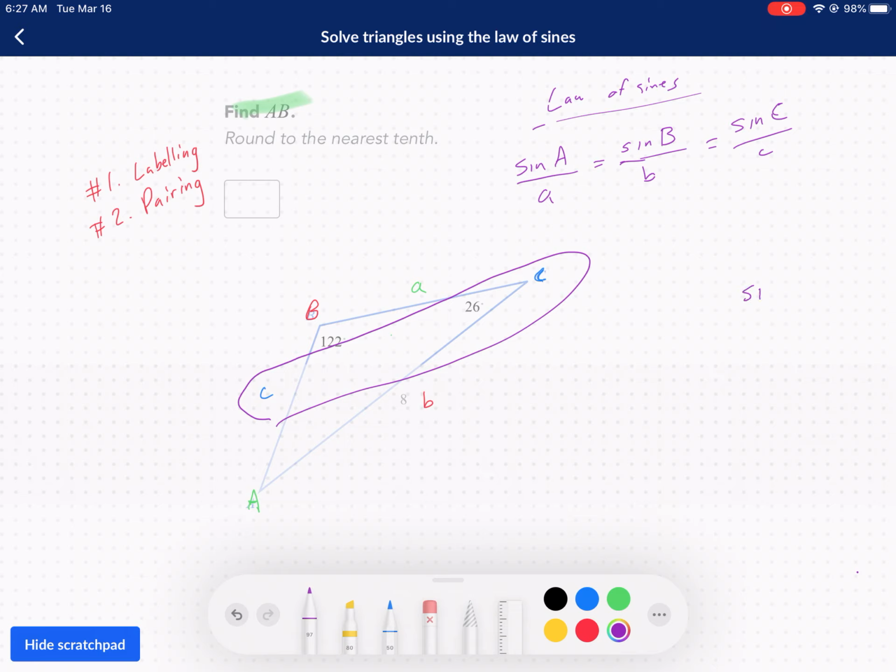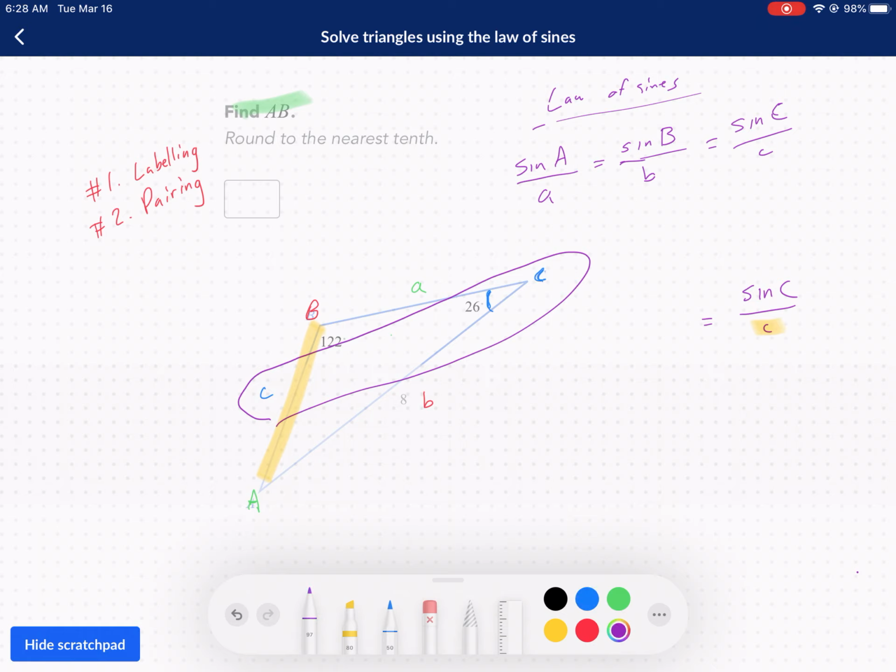So we know we need sine C over little c because we are looking for this side. Now, that's one unknown. We do have the angle C, so that's good news. So there's only one unknown so far, and that's the side c.